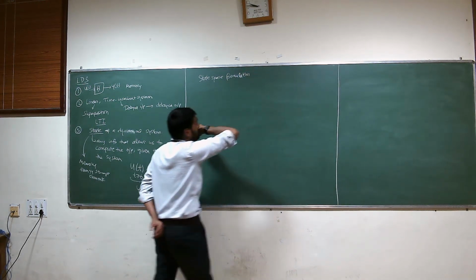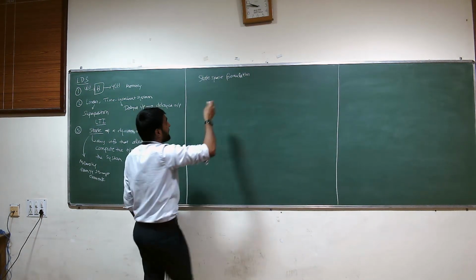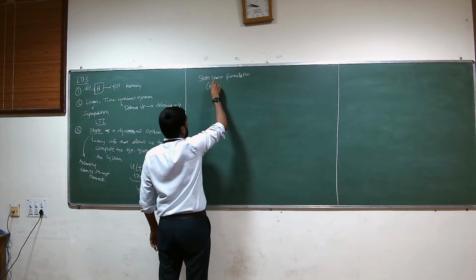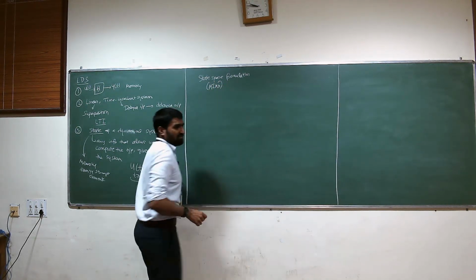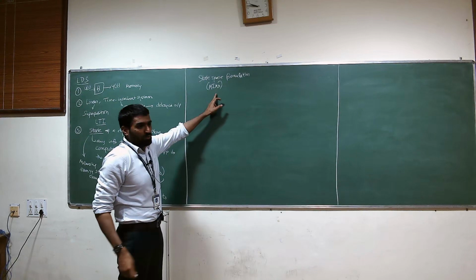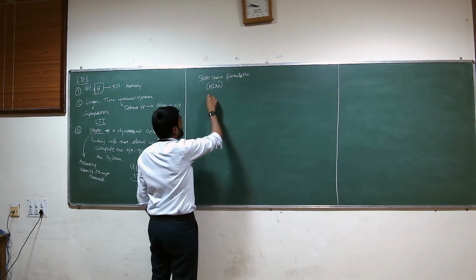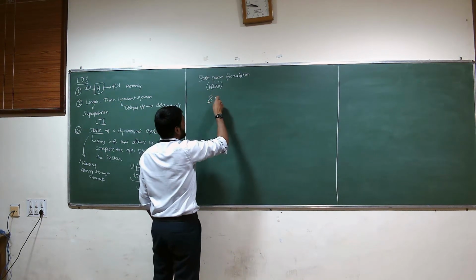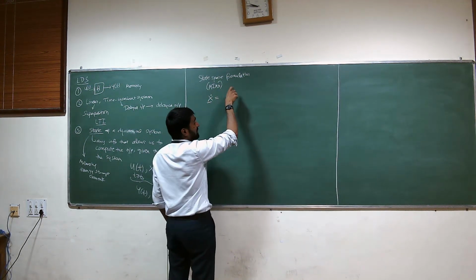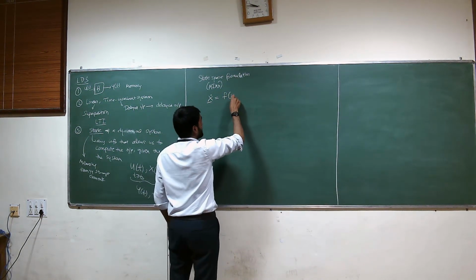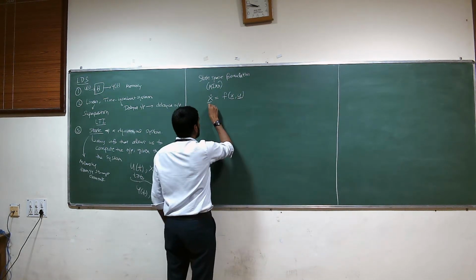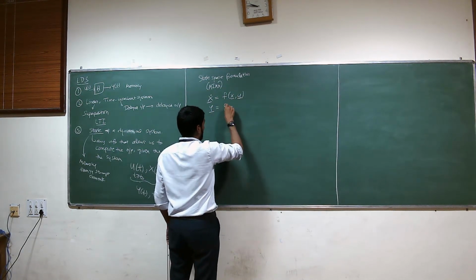What is the state space formulation for a general nonlinear system and multi-input, multi-output? We're not going to restrict ourselves only to single input, single output. So, for any nonlinear system, it's like this, and your output is a vector.